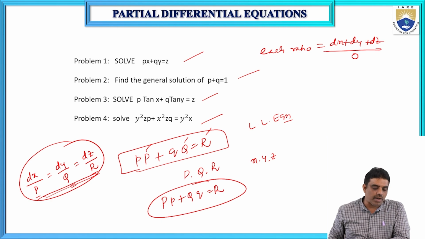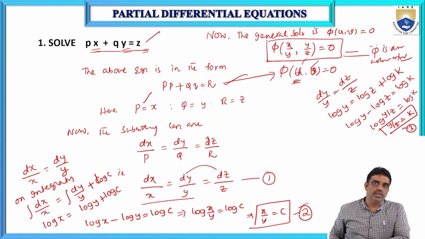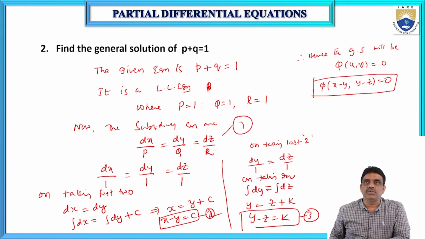So these are the four problems which are important in finding the solution of a linear differential equation in partial mode. These are the problems we have seen: px plus qy is equal to z, and p plus q is equal to 1. It is a very easy problem. You just have to write the subsidiary equations and find the solution sets. On writing the two solutions, you will get the final solution.